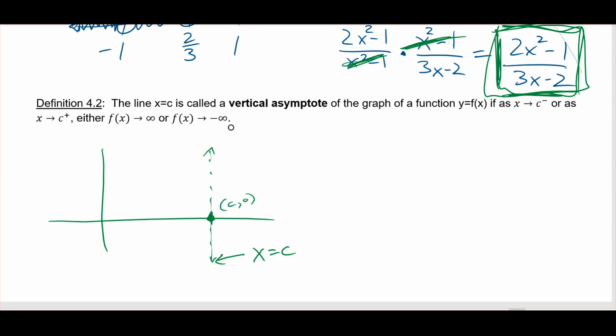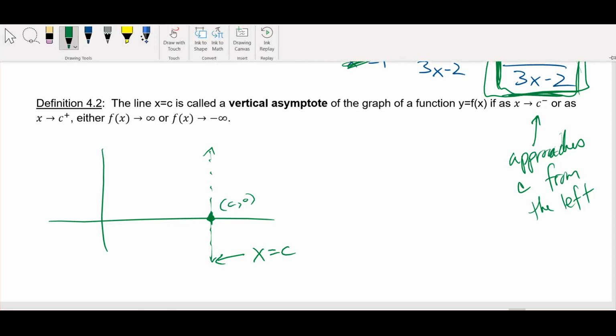If the graph of a function y equals f of x, as x approaches c from the left, right, when we put that little minus sign up there, we mean we're approaching c from the left-hand side. So we're going towards c with our x values, not necessarily what the function is doing.